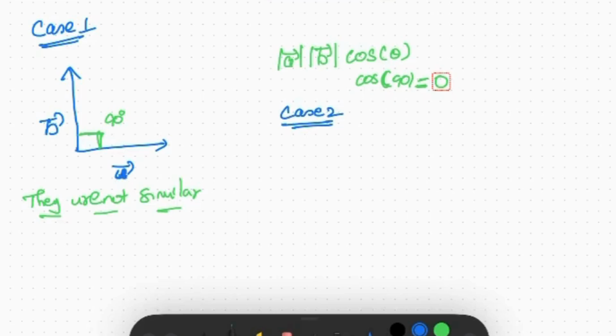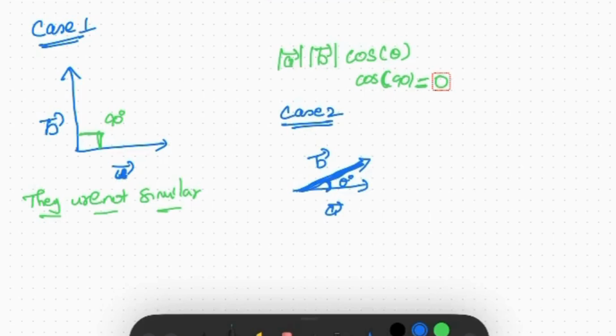I have A vector like this, and my B vector this time is going to be somewhere near this A vector. So this is B vector. The angle between them is very small.